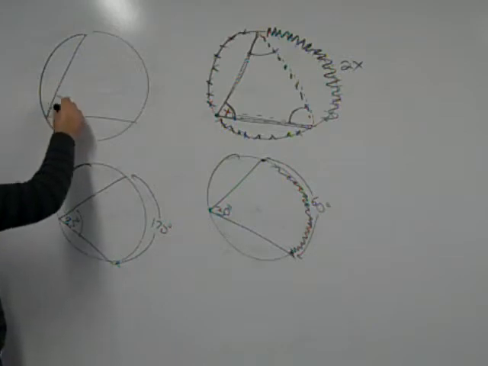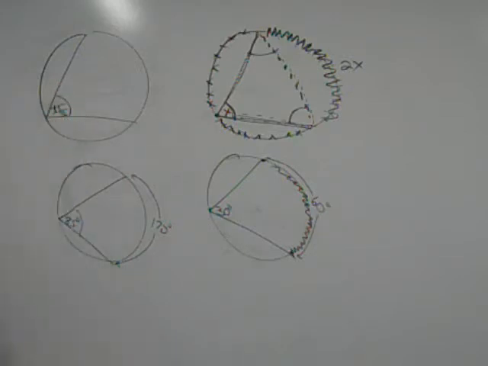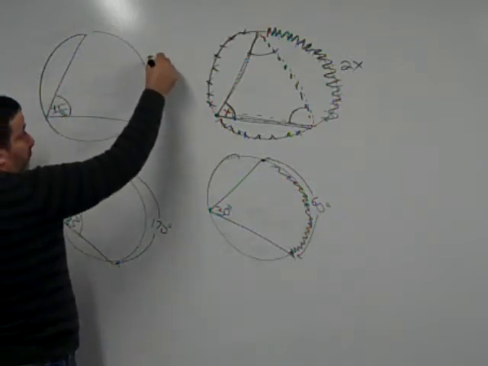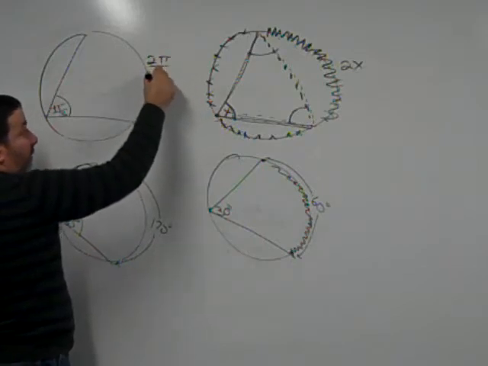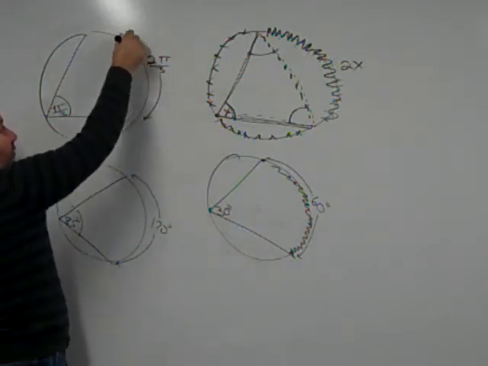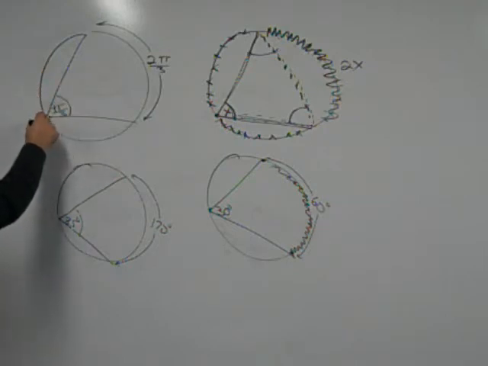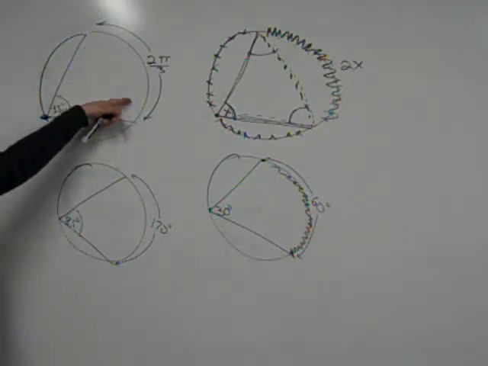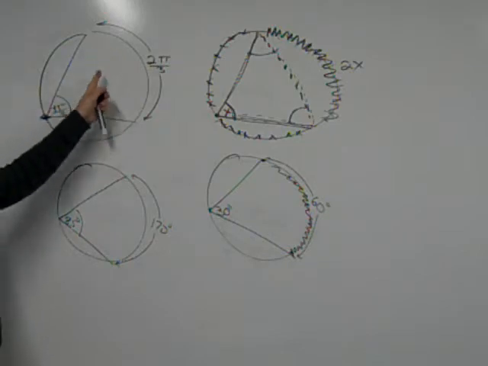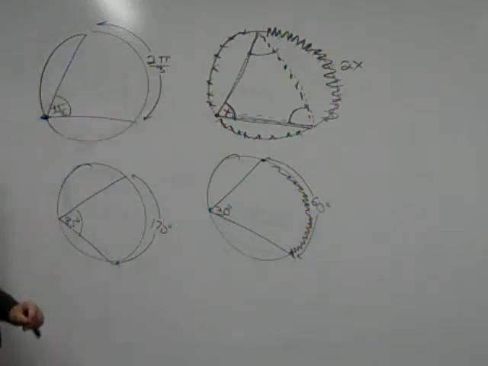This angle is pi over 3 radians. You double it, you get 2 pi over 3. That is how long this arc is. When the vertex of the angle is on the circle, find out what it cuts off, and there's a 1 to 2 ratio.